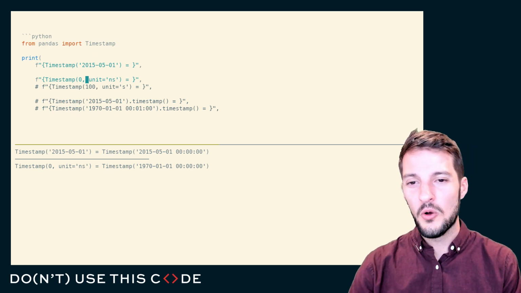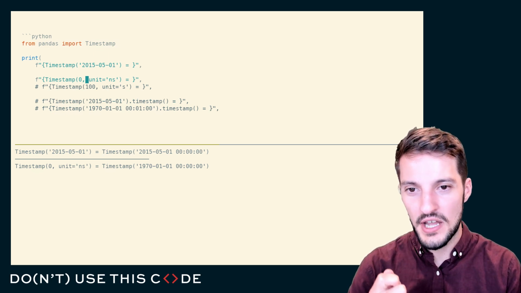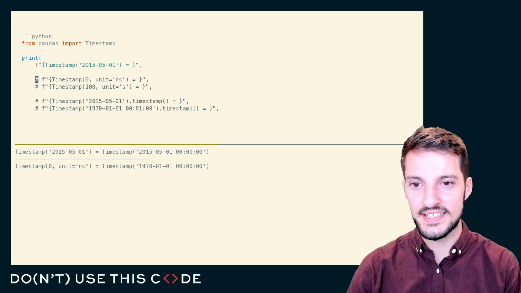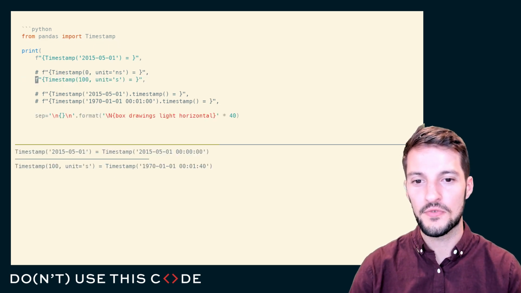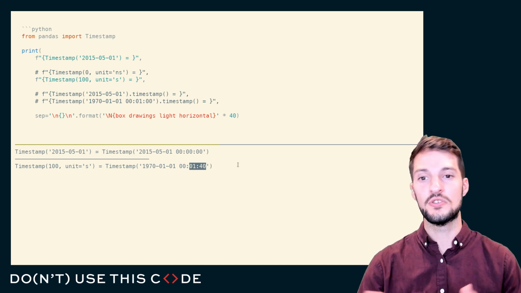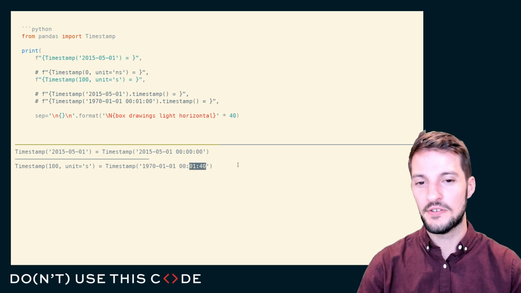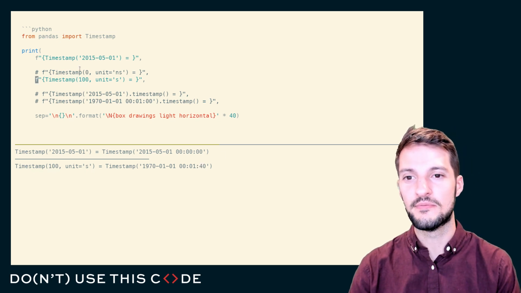And so all this is doing is representing a date as the number of standard seconds since January 1st, 1970. You can see here that by passing 100 into the value of my timestamp, I get out January 1st, 1970, 1 minute and 40 seconds after midnight.